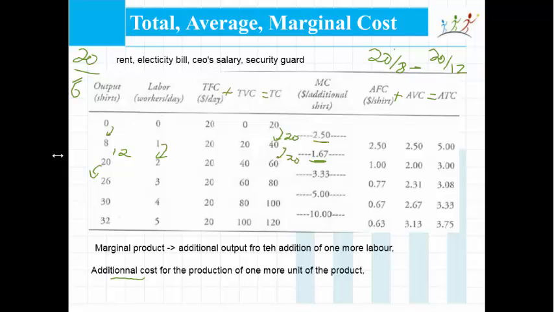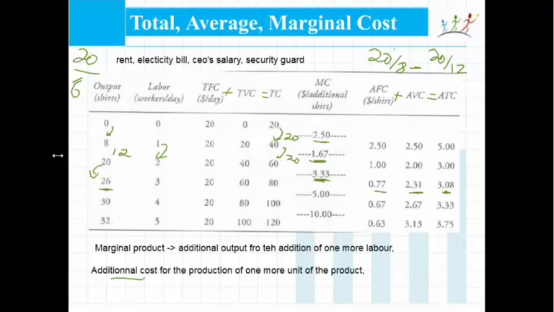So what is the marginal cost? The marginal cost moves up to 3.33. The average fixed cost comes down from 20 by 20 to 20 by 26. It is the total fixed cost divided by the output, 2.77. Average variable cost comes out to 60 divided by 26, or 2.31.